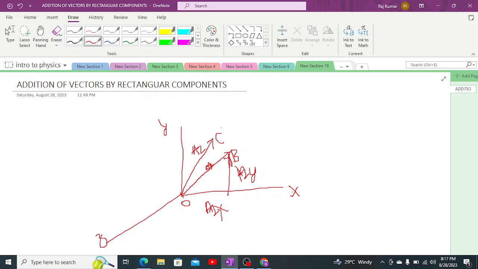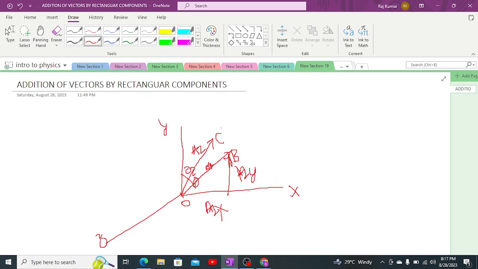Now, how can I describe this diagram? This diagram will be described in such a manner that two vectors a1 and a2, having magnitudes a1 and a2, which are represented by the lines OB and OC, make angles theta 1 and theta 2 along the x-axis.